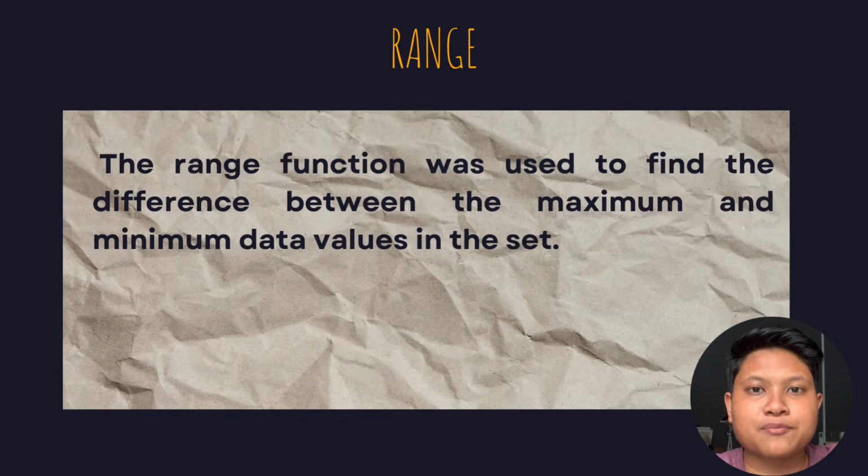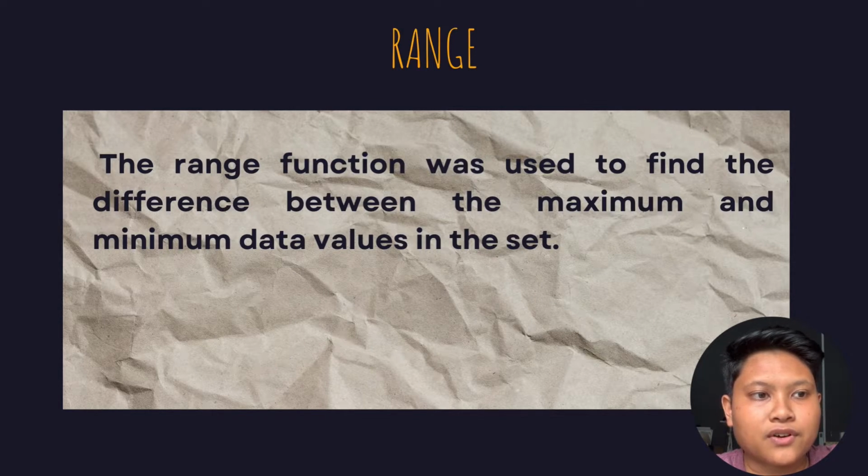Next, I will explain the meaning of range. The range is used to find the difference between the maximum and minimum data values in the set. For the maximum data entry I got 68.1, and for the minimum data entry I got 6.2.